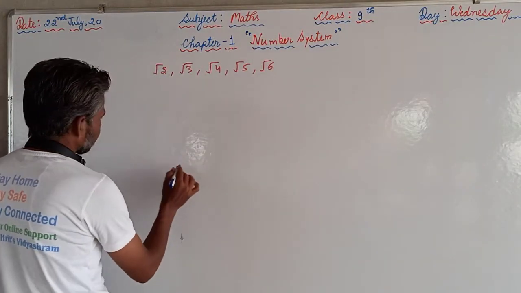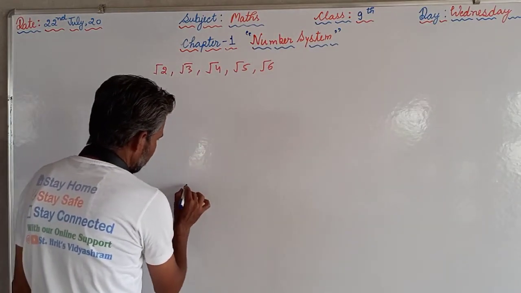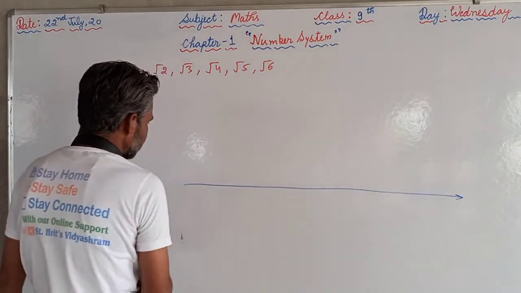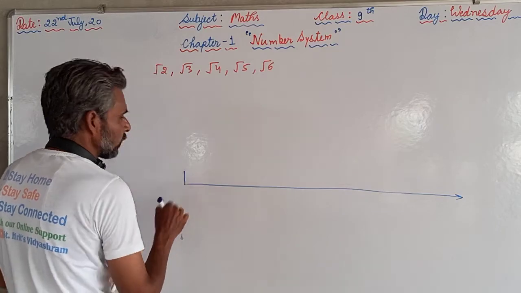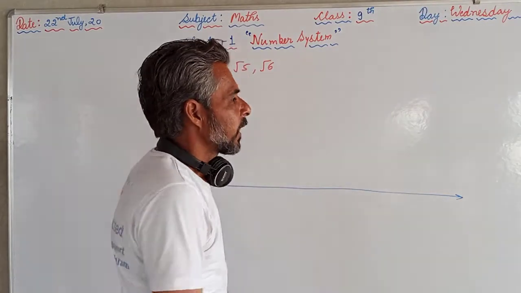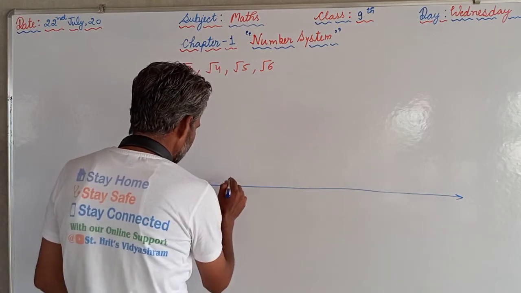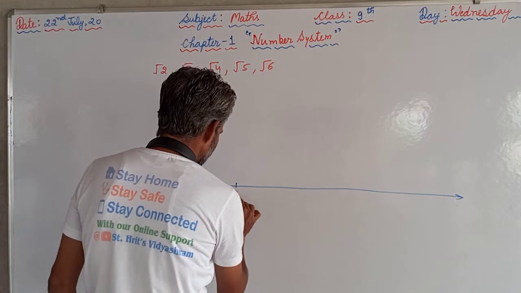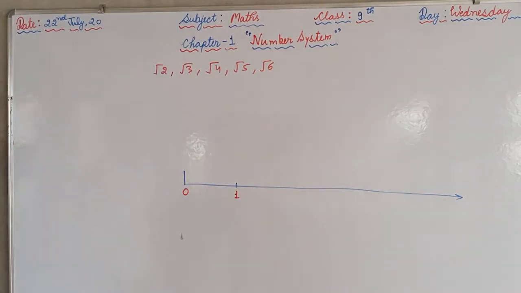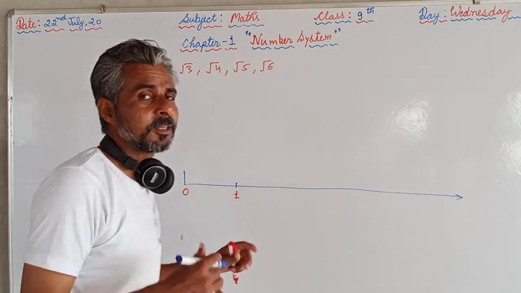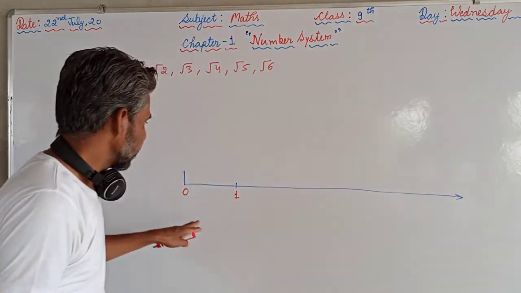So first of all, we will take the number line. Suppose the number line starts from 0 and goes endlessly on this side, and this is 1. At one unit, we are not saying centimeter or inches or feet, we are just taking units.